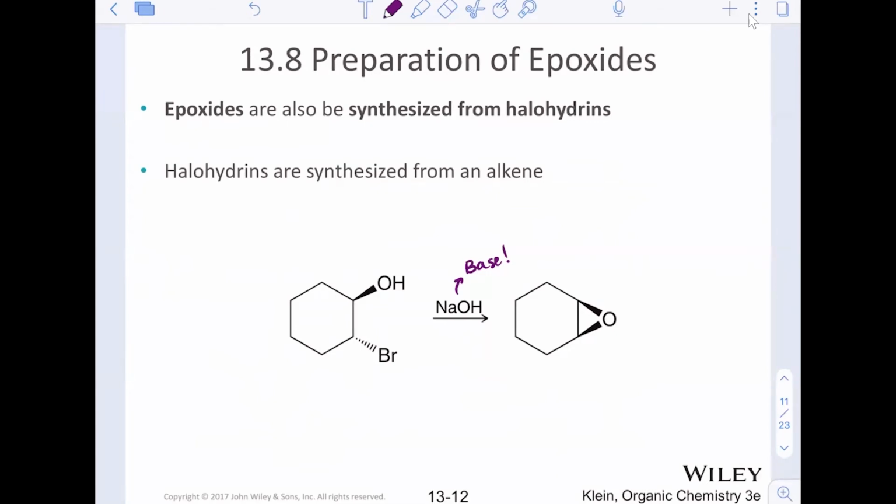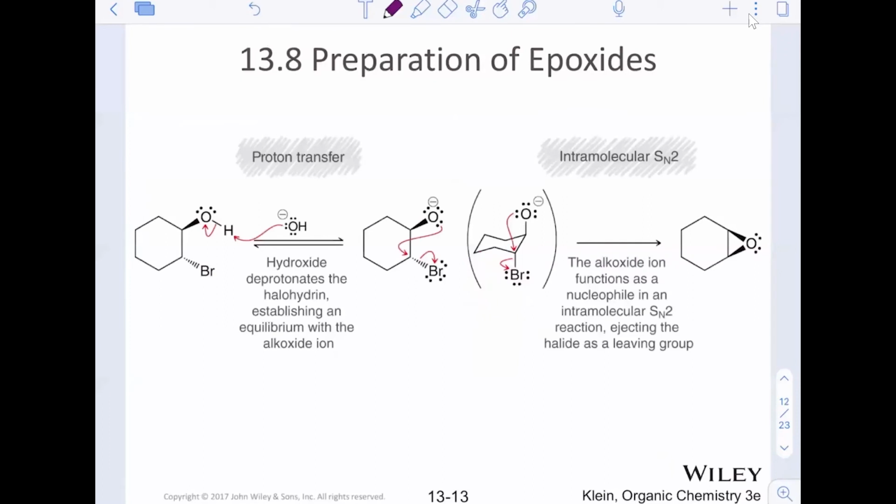So with that first step, what we want to be able to see is that a proton transfer occurs. The base that you choose will be able to deprotonate the alcohol of the halohydrin. Then the halohydrin, being in close proximity to a leaving group, will do an SN2 reaction, but it's intramolecular.